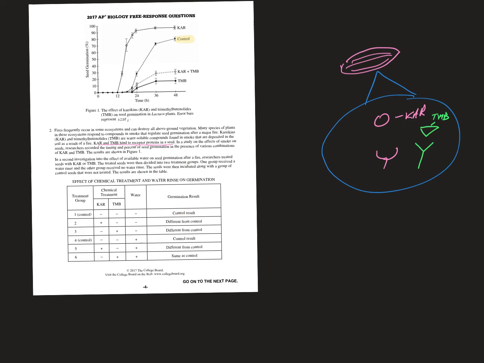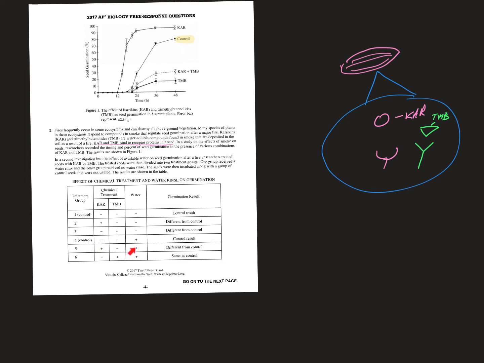So this is the control group. Groups 2 and 3 are different from control. If I add KAR here, this is different from control. If I add TMB, it's different from control once I rinse it. This is a control group where I'm adding water, but not the TMB or the KAR, and it's different from control.